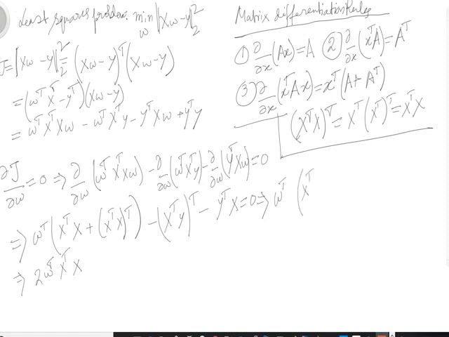Now simplifying, we are going to get W transpose X transpose X minus Y transpose X minus Y transpose X equal to 0.